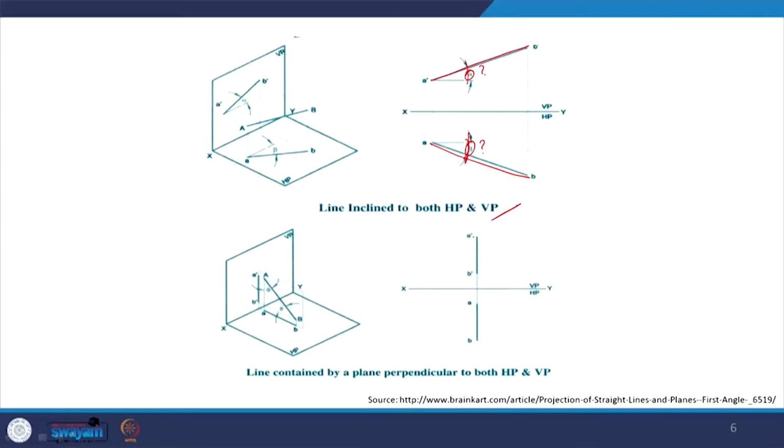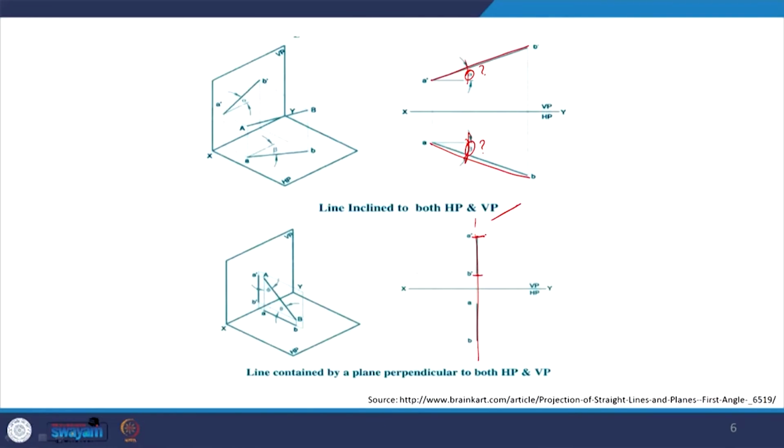In this case, which is a special case, we will be seeing both projections in one single straight line. There will be just one projection because the plane in which the line lies is perpendicular to the HP as well as VP. So, we will be seeing greatly diminished lengths, and we will not be seeing any angle or any true length of the line in the final picture.